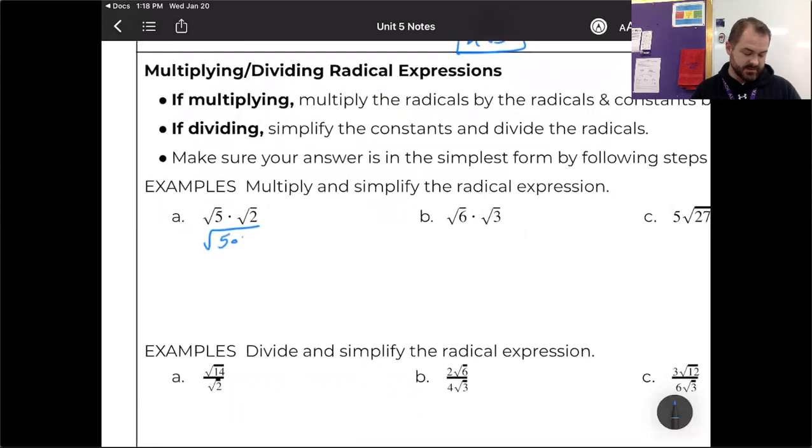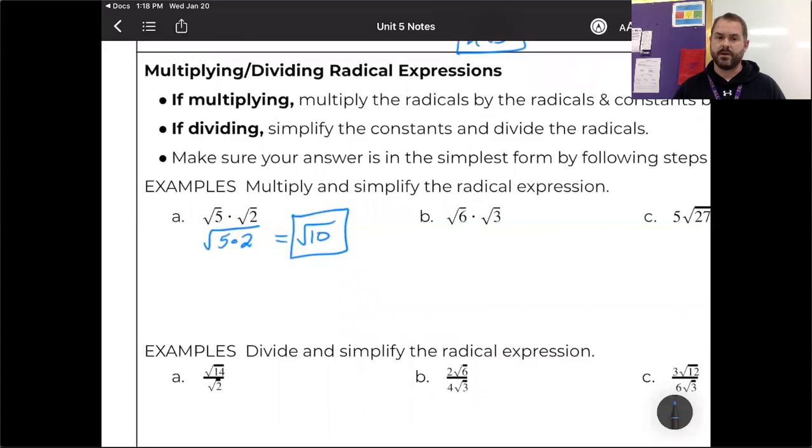So it's like I'm doing this. Now you're going to get to where you don't need to write it out that way. We can simply write it as the square root of 10. And then we would want to simplify that if we could, all right? But we can't here because 10 is not a perfect square and it can't be divided by any perfect squares other than 1. So that's already in simplest form, okay?